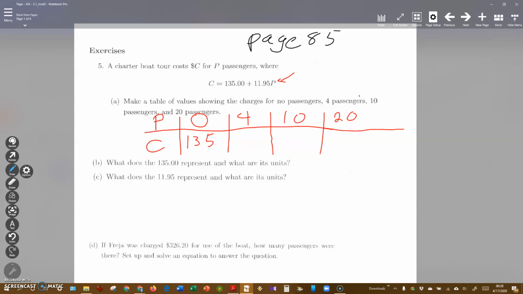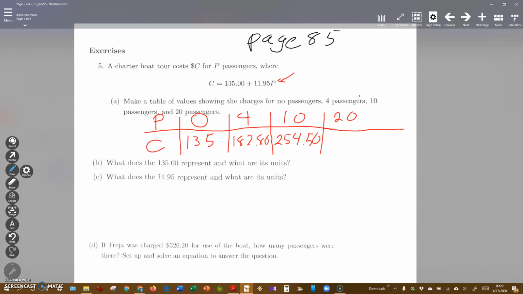If we repeat that with 4 passengers, 11.95 times 4 plus 135 will give us $182.80. For 10 passengers, $254.50.